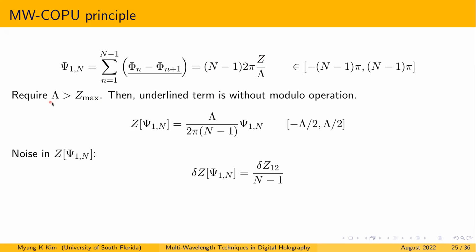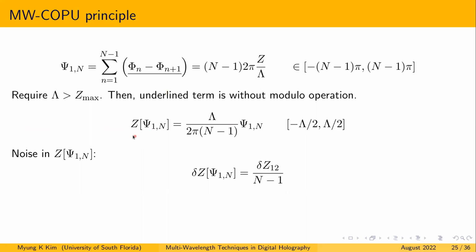And if we require that this synthetic wavelength, lambda, be larger compared to the maximum height we want to profile, then each of these underlined terms will not need modular operation or have no discontinuities.